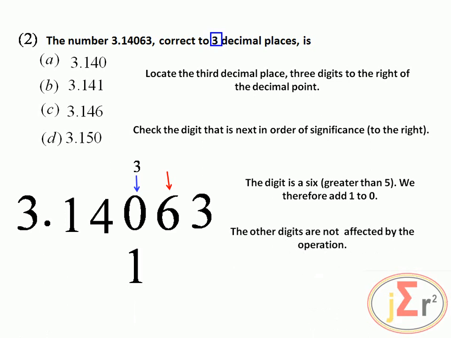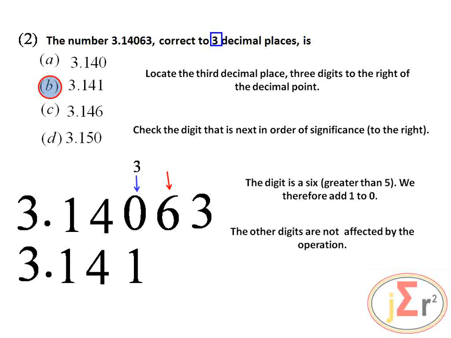The other digits are not affected by the operation. After we have added the 1 to 0, the other digits of greater significance, those to the left, are not affected, and they are written exactly as they were before.